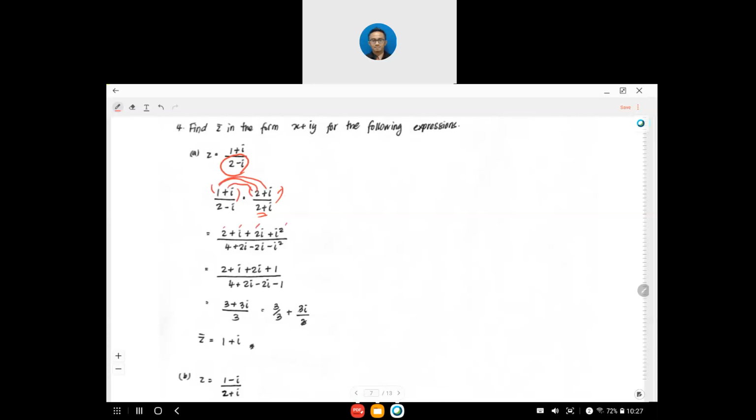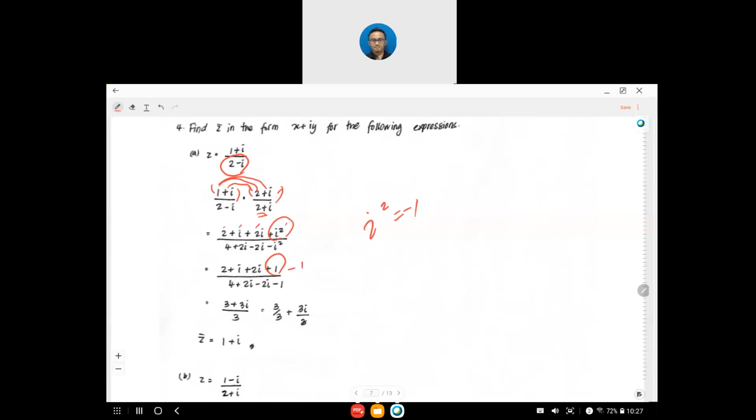We know that i square, okay, i square is not 1. It is negative 1. I square equals negative 1.